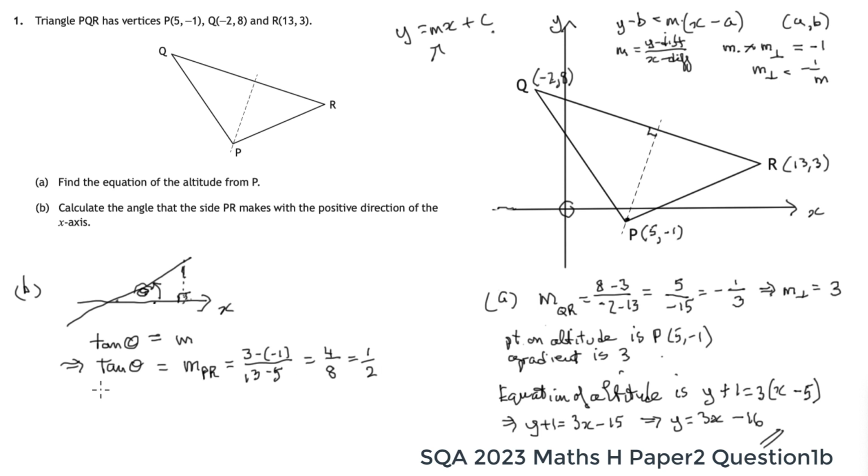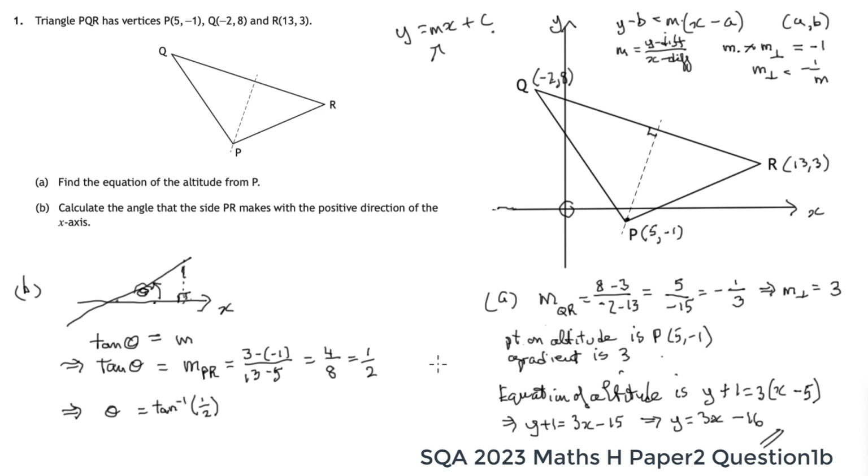So we're basically now looking for the angle whose tangent is a half. Therefore, we would do our tan to the minus 1 to get rid of this. Remember tan to the minus 1 can be read as theta is the angle whose tangent is 1/2.